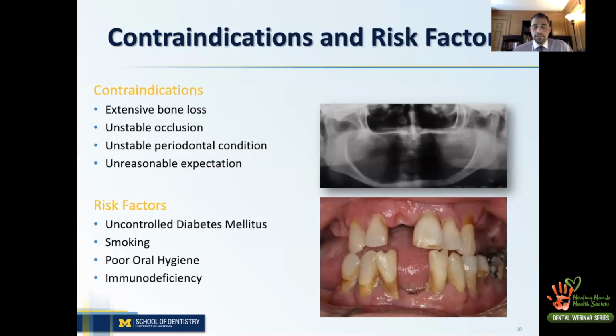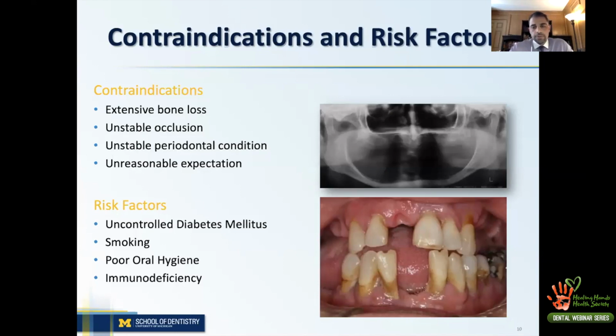Risk factors are things that don't mean we don't provide dental implant treatment. However, we have to clarify to the patient what the risk factors are: uncontrolled diabetes, smoking, poor oral hygiene, and immunodeficiency.